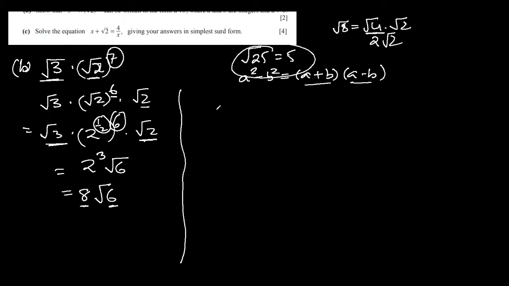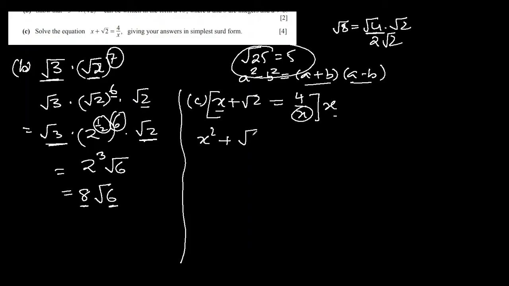Let's move on to the C part. Solve the equation x plus square root 2 equal to 4 over x. So this x is a denominator, we should take care of this first. Let's multiply the whole equation by x. So x times x will be x squared plus square root 2 x and equal to 4.